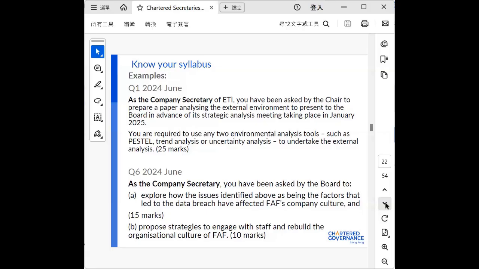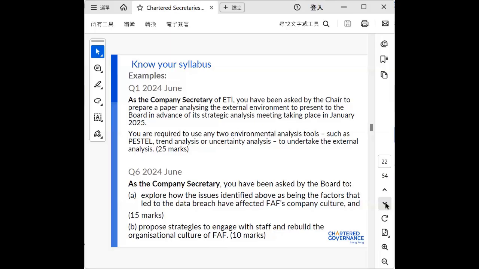Also, in the traditional module, they focus more on the line managers or the strategic team. But in this module, apart from the company secretary or governance professional, you have to consider the roles and obligations of directors, officers, as well as other people in developing the strategy.